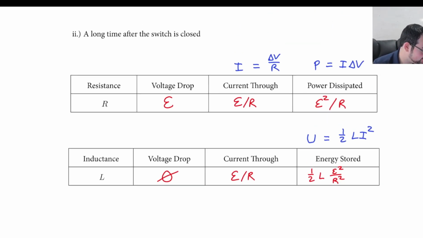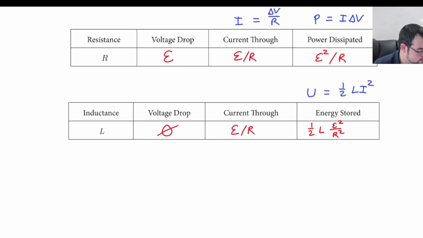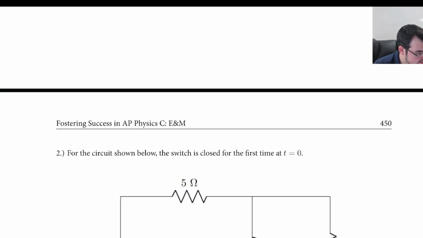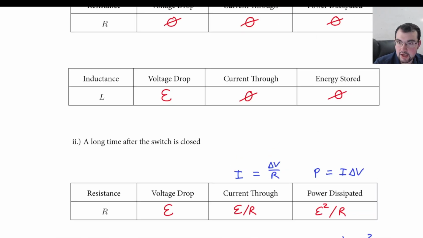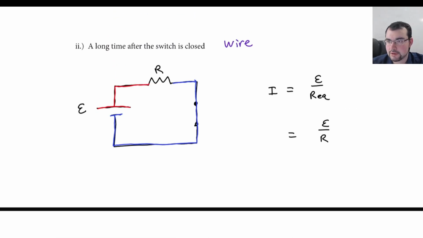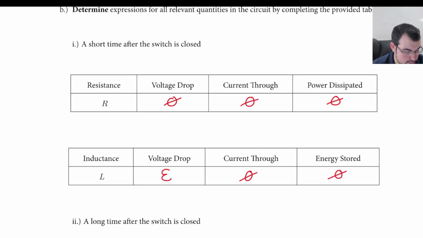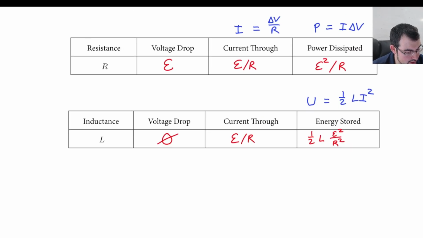Kind of an ugly expression, but still works. So that is our simplest case of an L over R circuit. The inductor opposes the change at the start, and then it does not care, and it's happy, and it's storing energy.